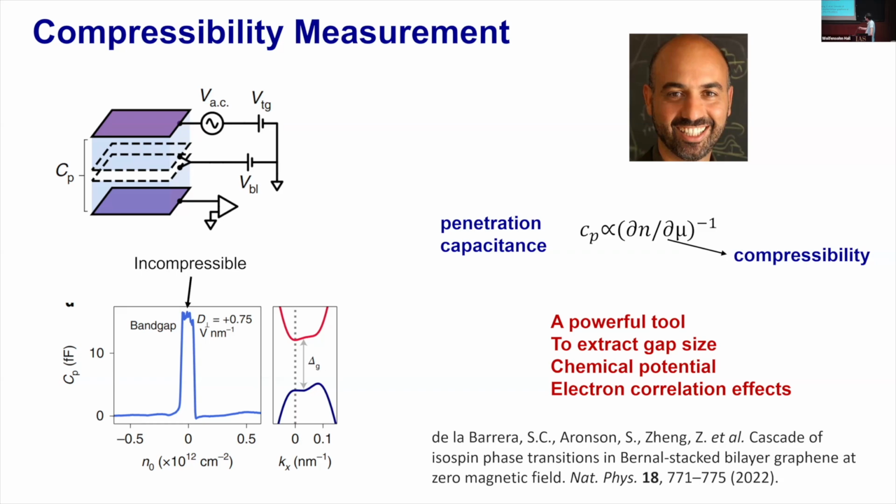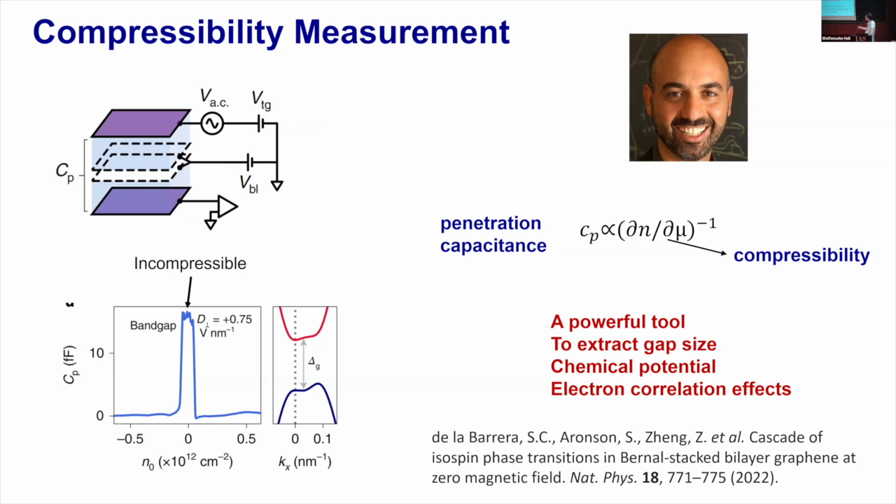This layer in the middle is a bilayer graphene, AB stacked bilayer graphene. There's a top gate and a bottom gate voltage. What they can measure is the so-called penetration capacitance, CP. How that works is you apply some AC voltage modulation on your top gate, and you measure the charge going in and out of the bottom gate to tell what's going on in between.